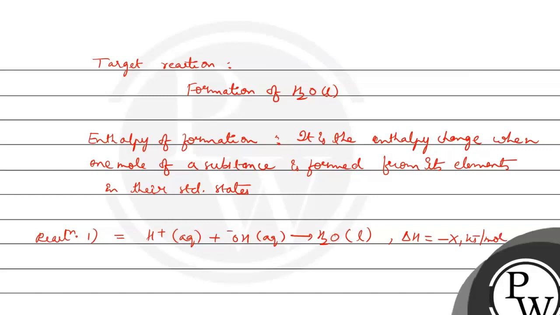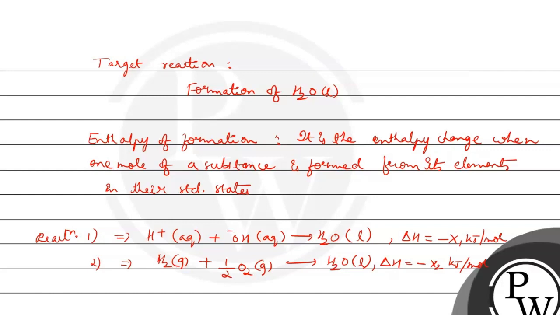kilojoule per mole. If we take the second reaction, it is H2 gas plus half O2 gas gives H2O liquid. The enthalpy change for this reaction is minus X2 kilojoule per mole.